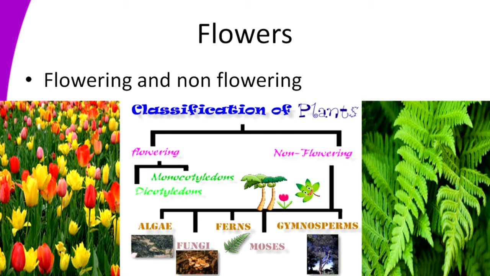All these have a flower at one part of their growth, while there are other plants which do not have any flower. For example, we have the algae, the fungi, the ferns, mosses, and the gymnosperms. They do not have any flowers.